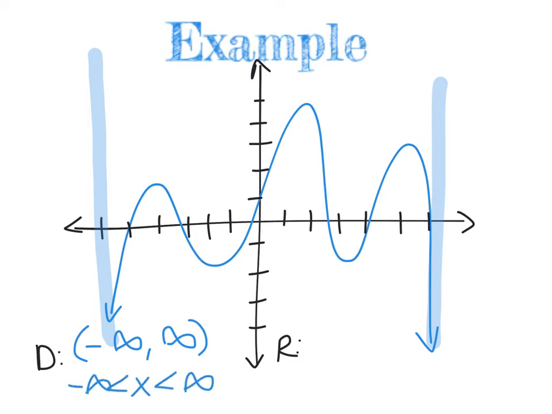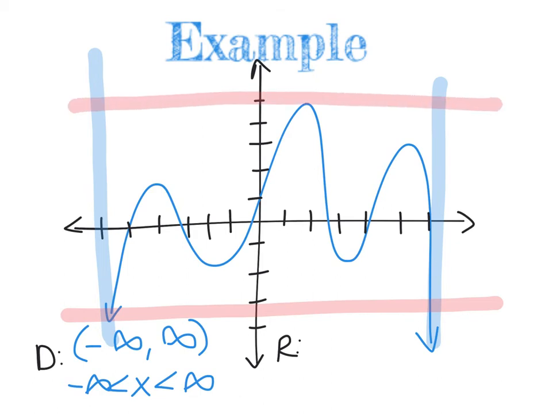The range. What is the range here though? The range has a limitation. Notice how there is a global maximum. Now, down here, we don't have a limitation because the arrows keep going downward. But up here, there is a limitation at 1, 2, 3, 4, 5.